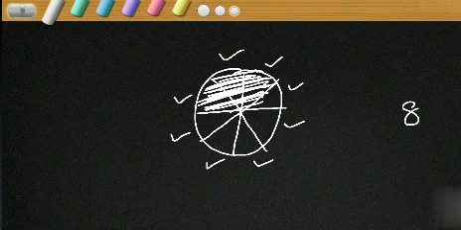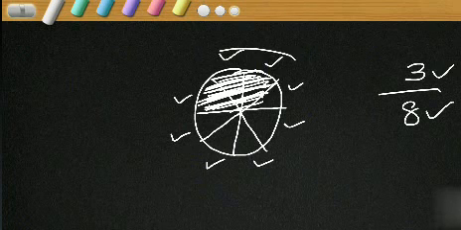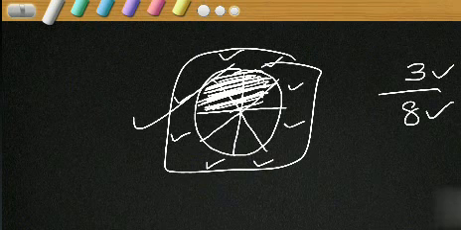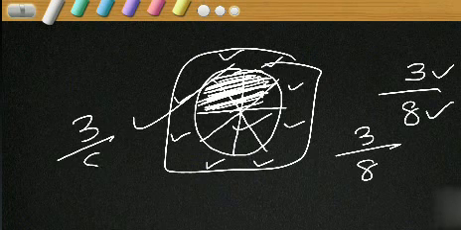Out of 8 parts, we shade only how many parts? 1, 2, 3. Only 3 parts have been shaded. So the fraction corresponding to this figure is 3 by 8. It reads as 3 by 8.